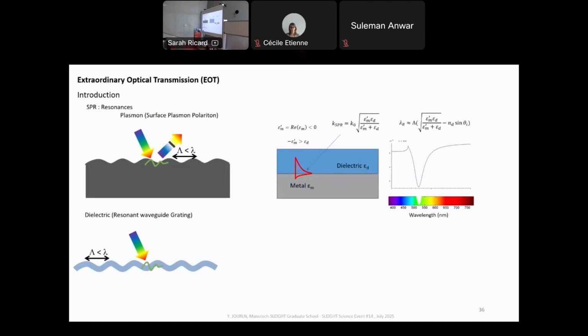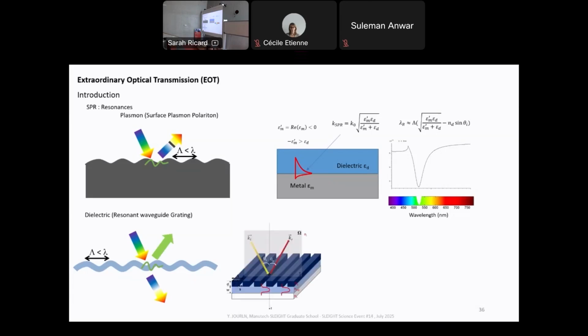We excite a mode in the dielectric waveguide, and it will interact with the incident beam to give rise to a resonant reflection. So it's difficult to understand why we have a resonant reflection in a transparent medium, but it works.